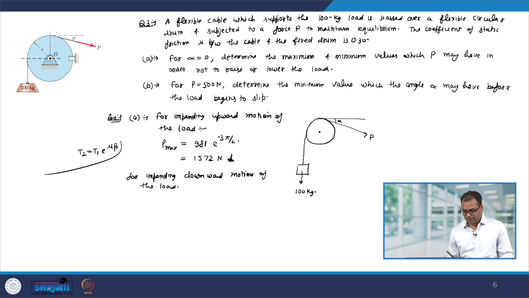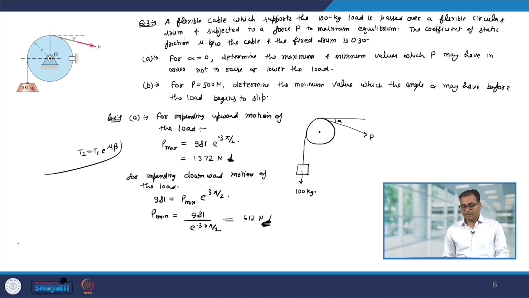So, 100 into 9.81, which becomes 981 equal to T1 becomes P, let us say it is P min into e to the power mu into beta. Therefore, we have P min equal to 981 divided by e to the power 0.3 into pi by 2, and this comes out to be 612 Newton.